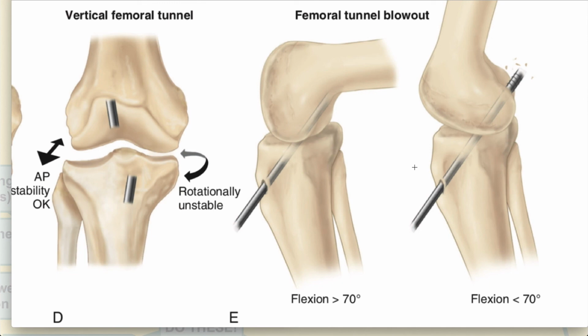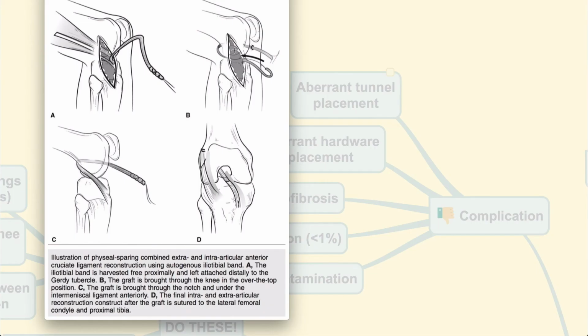If during the surgery somehow the knee is not flexed up to 70 degrees, you can see here the knee is slightly extended when the drill is being done, then the posterior femoral cortex will break, and this is called the femoral tunnel blowout.